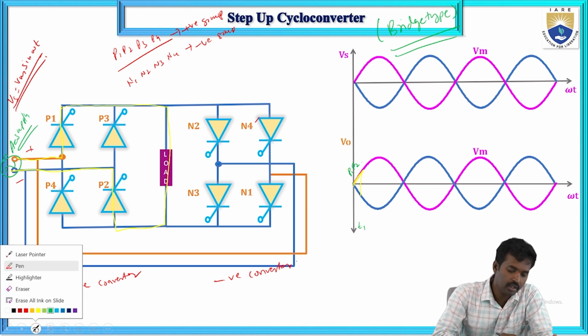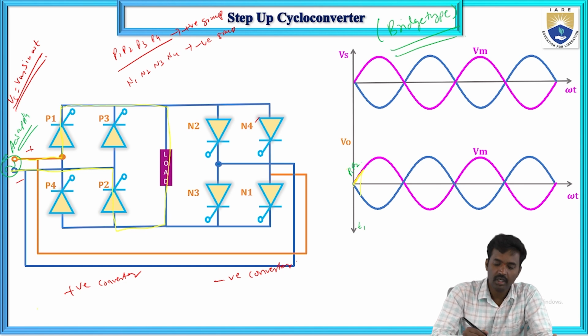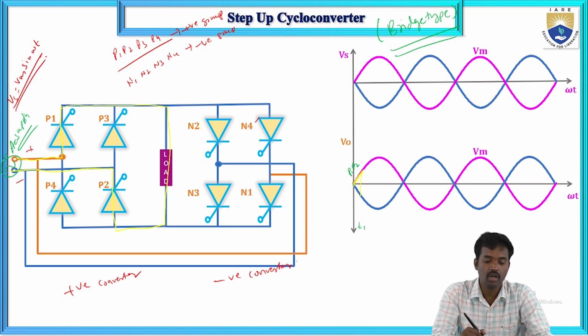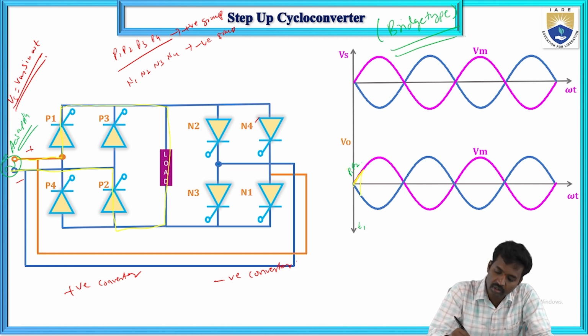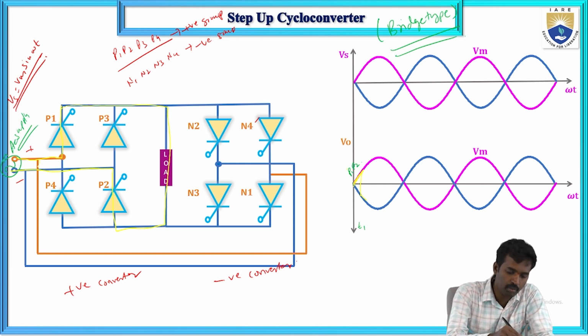Next, N1 and N2. When P1 and P2 are force commutated, N1 and N2 conduct. N1 and N2 means here, this is a positive supply.